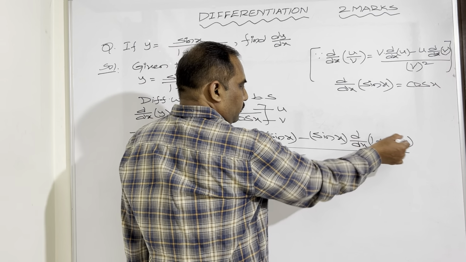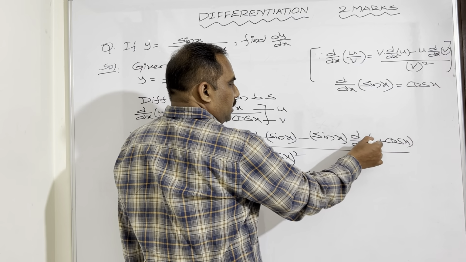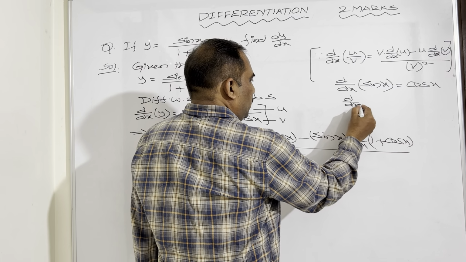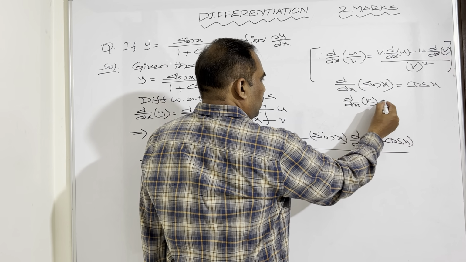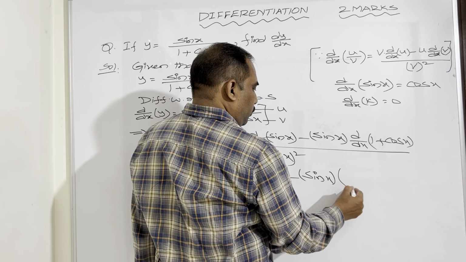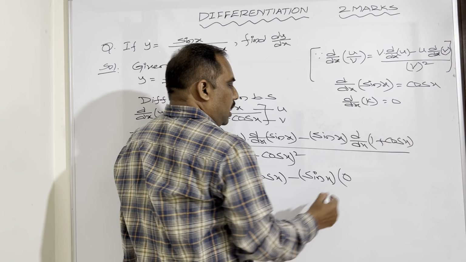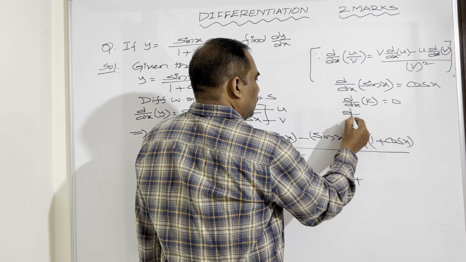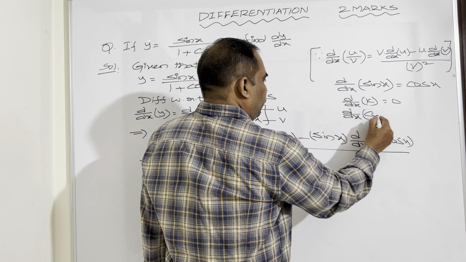See, derivative of 1 plus cos x means d by dx of 1, we know that derivative of a constant is 0. So that's why here derivative of 1 is 0, and then derivative of cos x, that means d by dx of cos x.